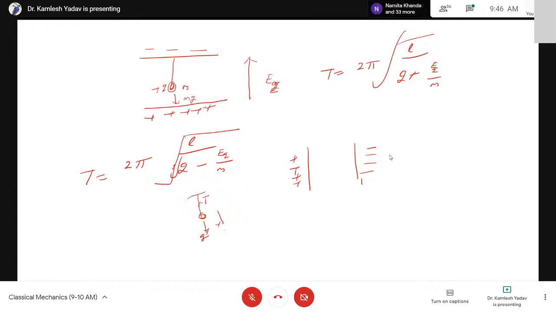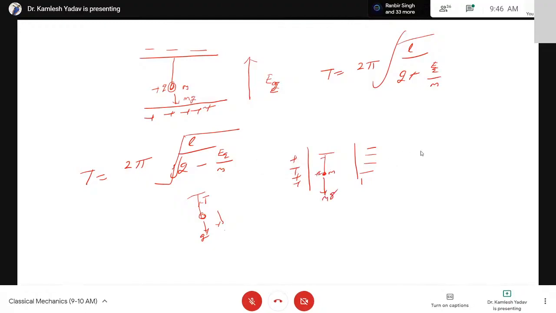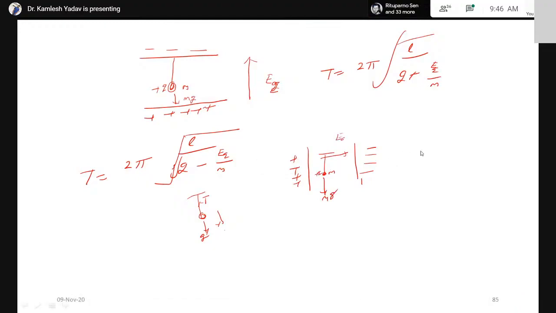Suppose this is the positive plate and this is the negative plate, and this is the pendulum with the mass of the pendulum, and some charge is given to this pendulum and the force is acting downward, but suppose the electric field is acting perpendicular to the acceleration due to gravity, or the force acting due to gravity.